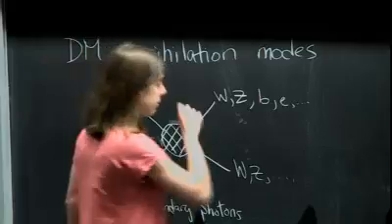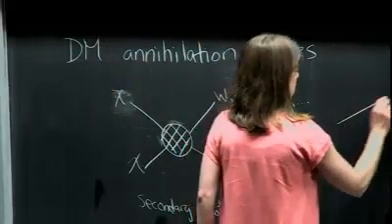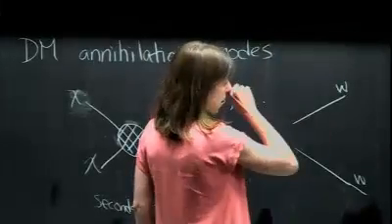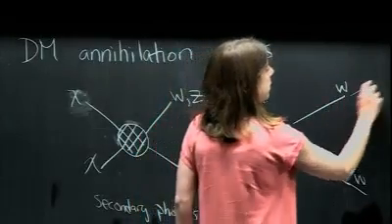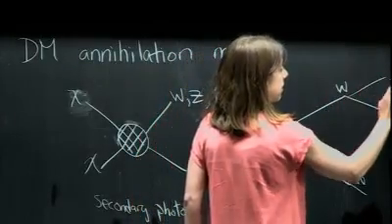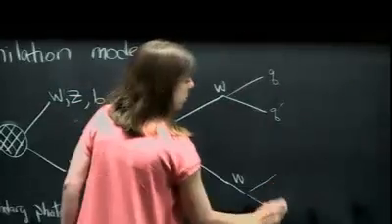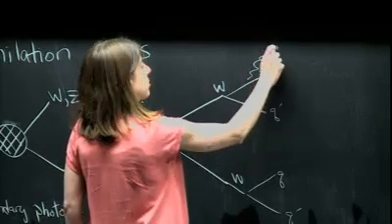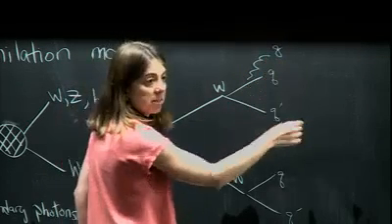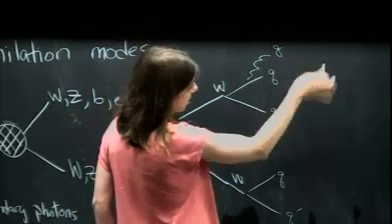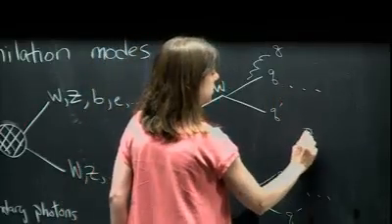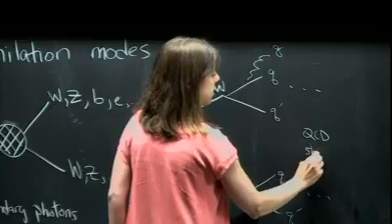So in particular, if I were to produce a pair of W bosons, the W's can decay hadronically to quarks. The quarks will radiate off gluons. It starts becoming complicated. You end up getting a collection of quarks and gluons in this showering process. So you get a QCD shower here.